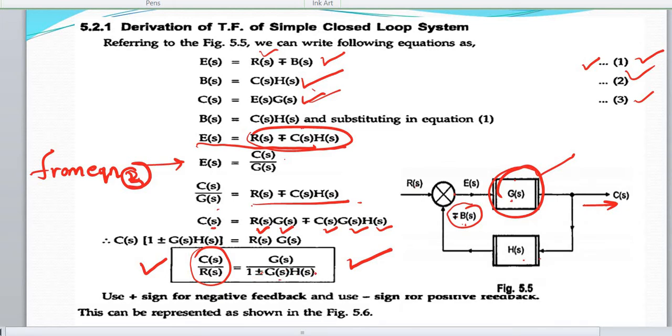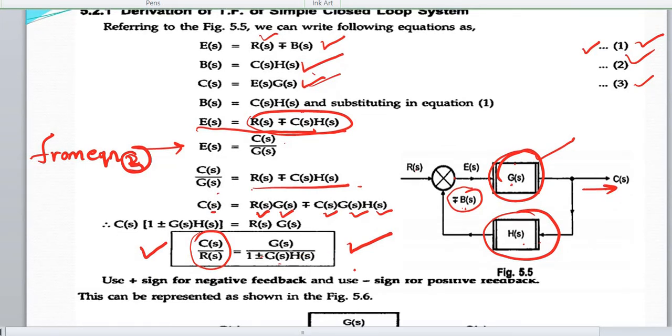Then G(s) into H(s), where H(s) is the equivalent feedback path transfer function. Okay. So this formula is called the transfer function of a simple or canonical form of representation. Use plus sign for negative feedback and negative sign for positive feedback.